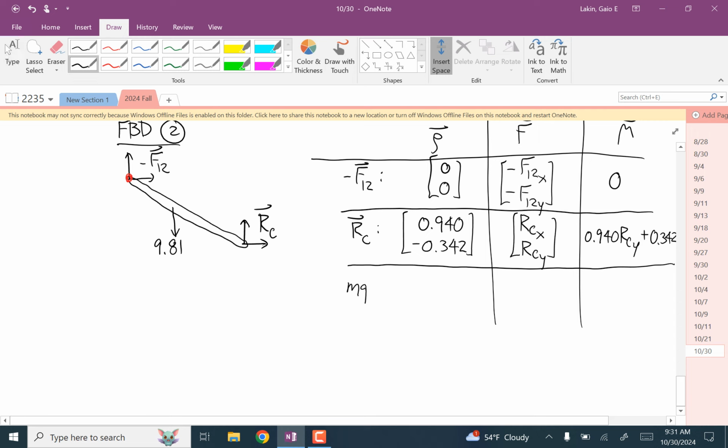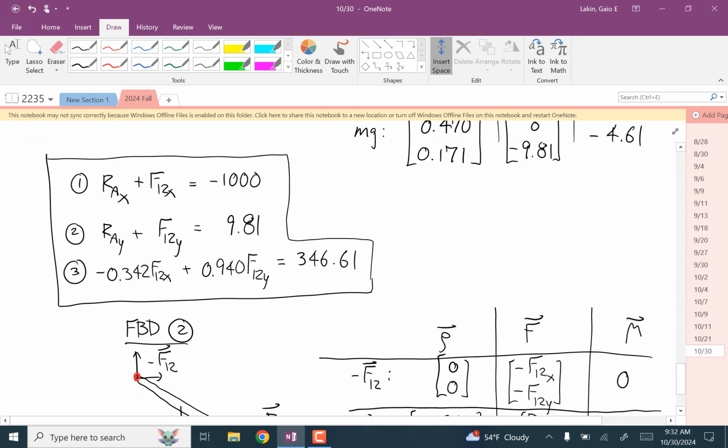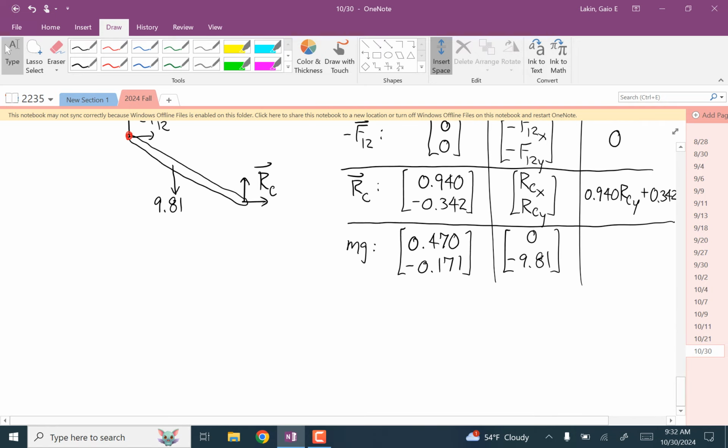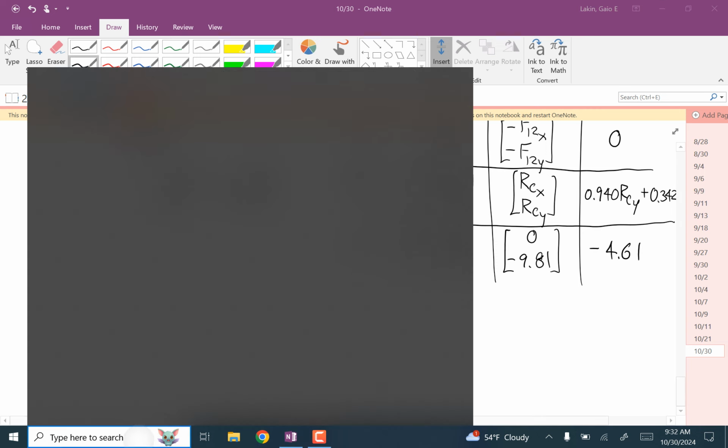And then the weight force, the rho vector is half this one. So 0.470, negative 0.171. The force is 0, negative 9.81. And so you get negative 4.61.